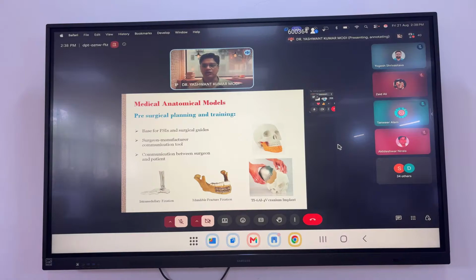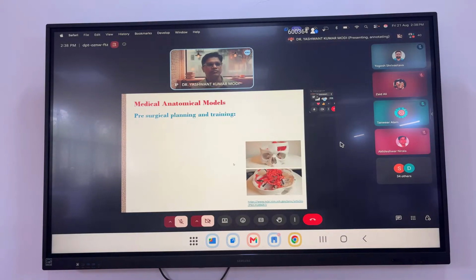Suppose the mandible is broken or a cranial implant is required, what a cranial implant is and what procedure they have to undergo to fix it. They can explain very well using this kind of model.